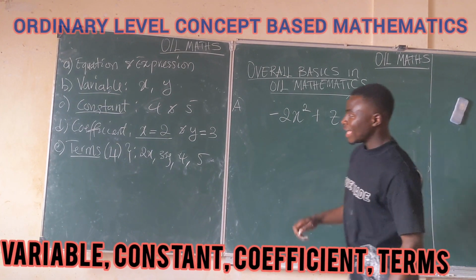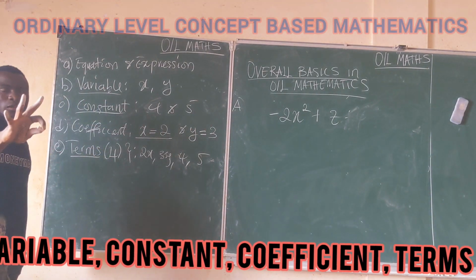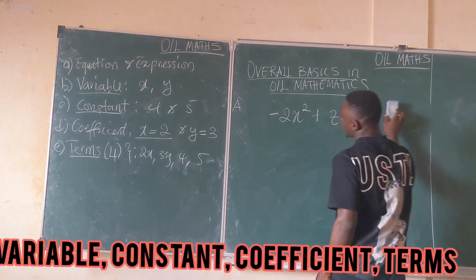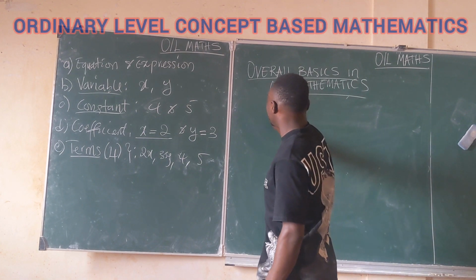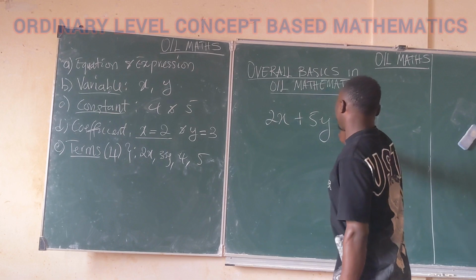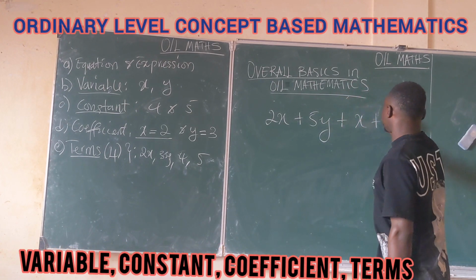Oh, before I forget, let's go back to terms. We have 2 types of terms: the like terms and the unlike terms. Let me use this expression below to explain the meaning of like and unlike terms.